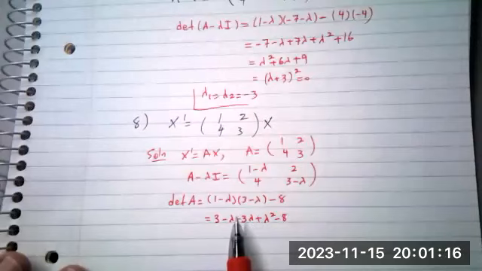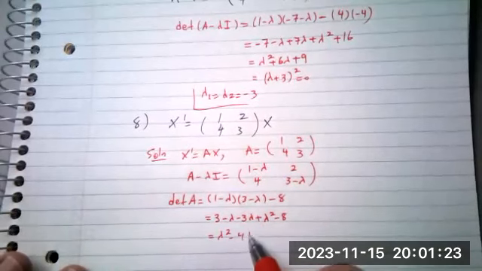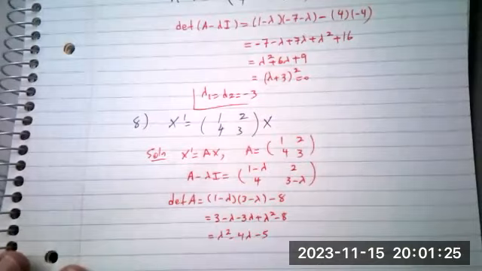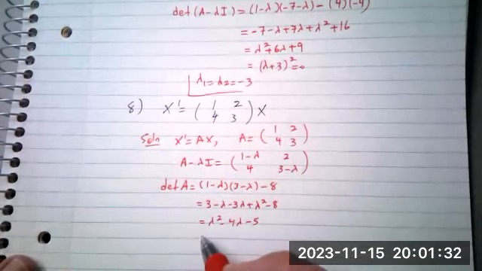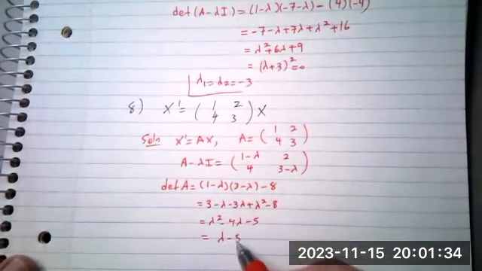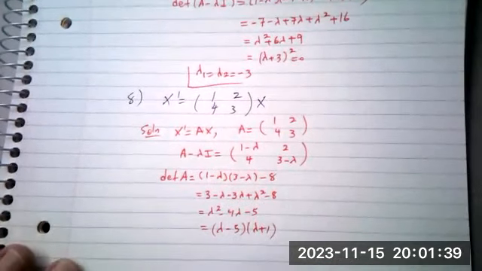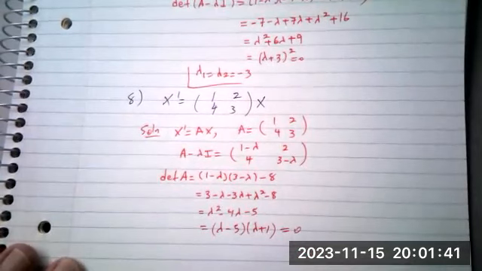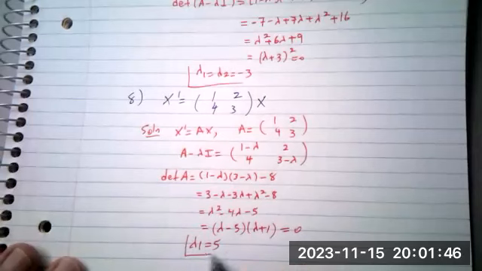Let me just check this one. Yeah, that's a distinct root. So it's going to be lambda minus 5 times lambda plus 1. You let it equal to 0. So we have distinct roots. We get lambda 1 equal to 5 and lambda 2 equal to -1.